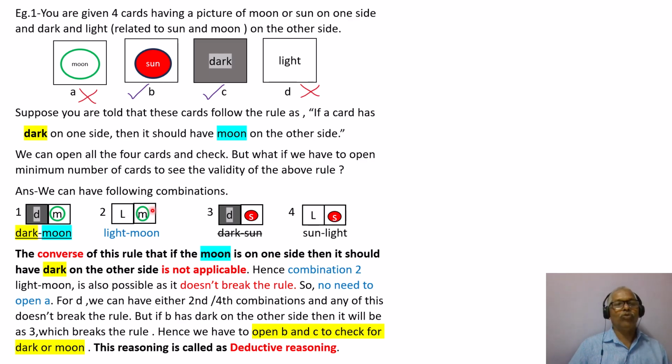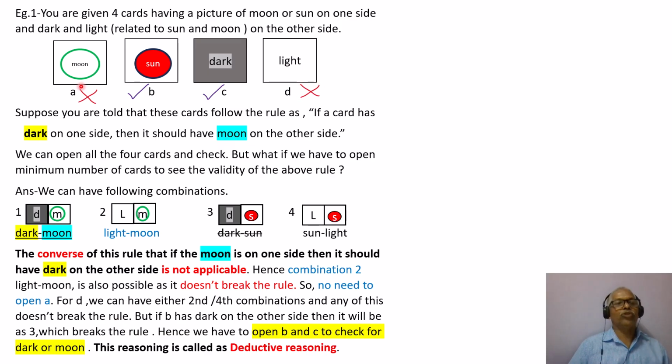Light can have moon on that side, and light can have sun on that side. If this has moon on that side, it doesn't break the rule, and if this has sun on that side, it still doesn't break the rule. So any of these doesn't break the rule, so we need not open D.